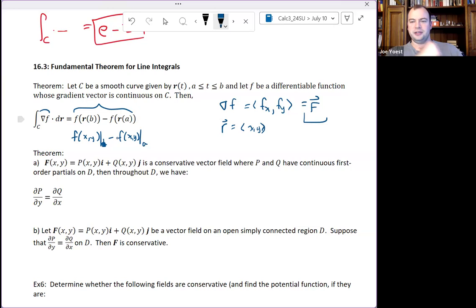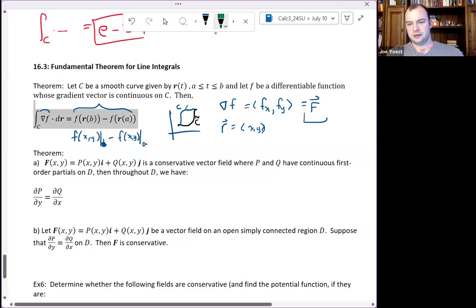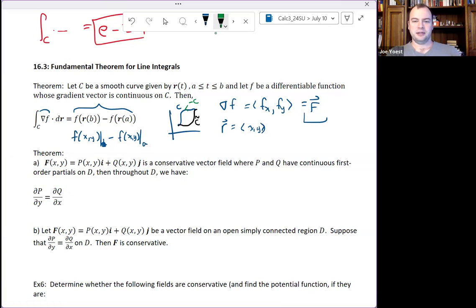Now, interestingly, if we're just taking the difference of values at endpoints, if I have, say, a two-dimensional curve, is the integral dependent on the path then?